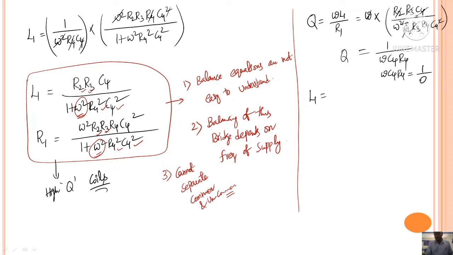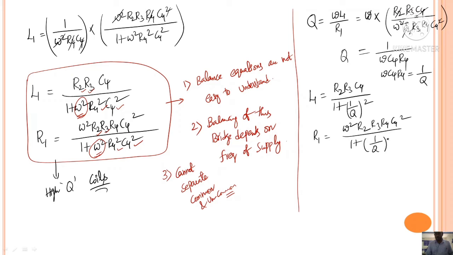I can write 1 by Q. Now substituting in place of this 1 by Q, L1 will become R2, R3, C4 divided with 1 plus 1 by Q whole square. Similarly, how can I write R1? R1 can be written as omega square R2, R3, R4, C4 square divided with 1 plus 1 by Q square.